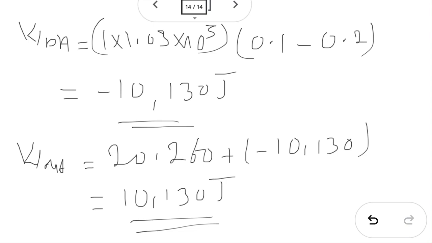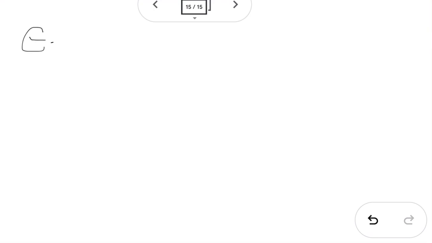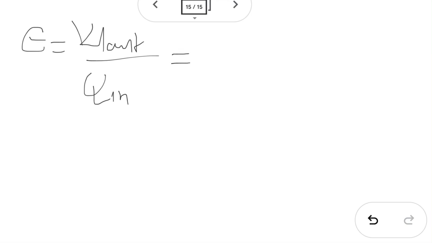Now that we have obtained this, it has become easier to find the efficiency, since efficiency is given as the work output over the heat input. Remember the total heat input that we found. Make sure you go back in the video, you're going to see the value.